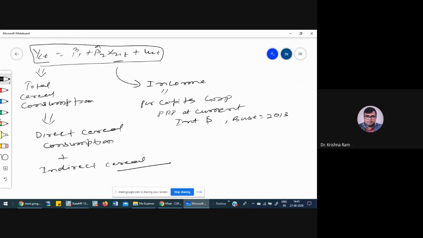Direct cereal consumption, we know, is what we consume directly in terms of rice, wheat, maize, or in some other form. Indirect cereal consumption is what we consume via meat consumption.